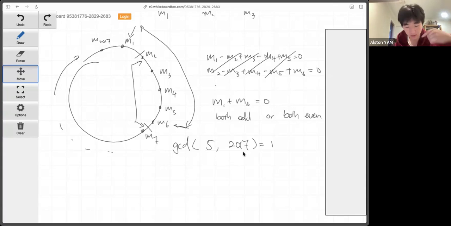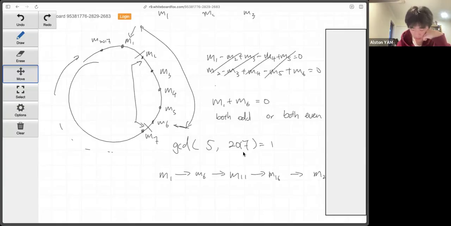If we just follow this train, M1 goes to M6, goes to M11, goes to M16, all the way to M2016. And then the next thing it goes to, so it skips 2017, skips 1, 2, 3, and I actually go to M4.